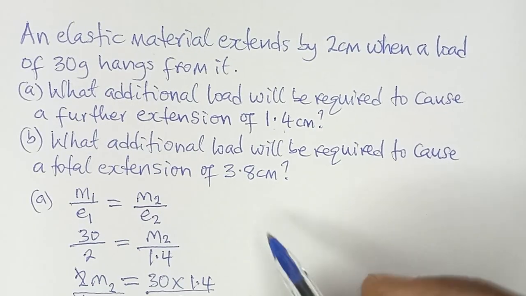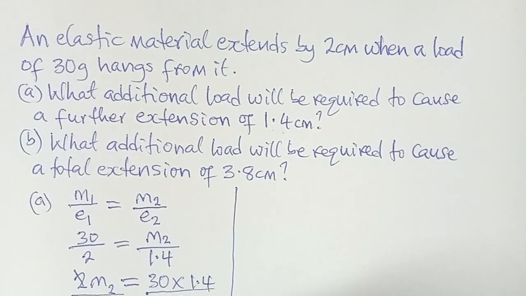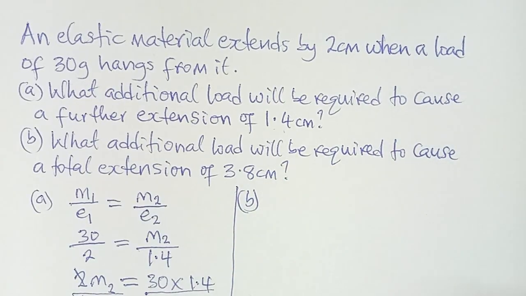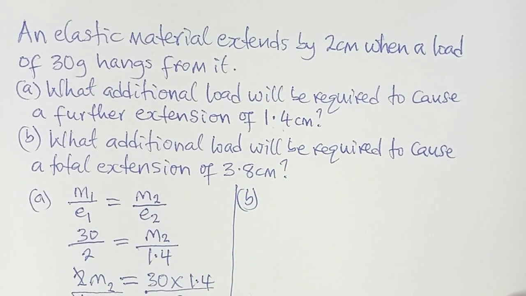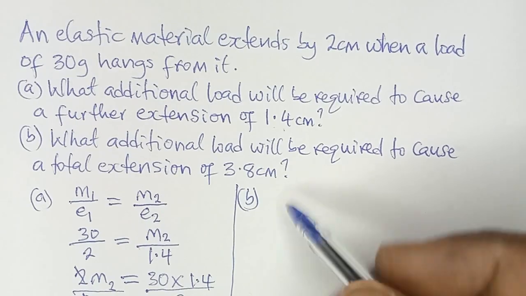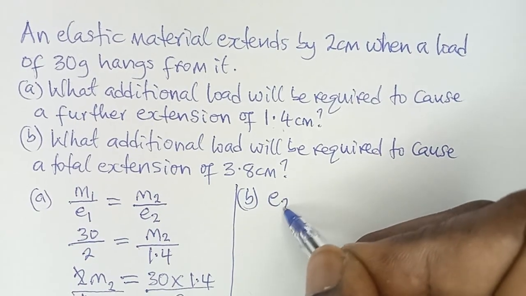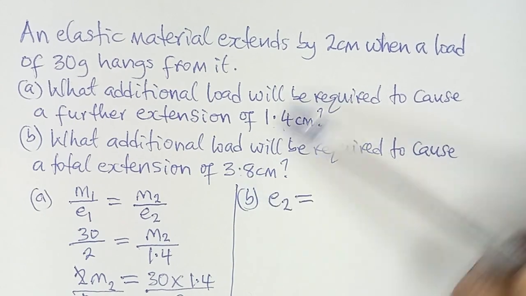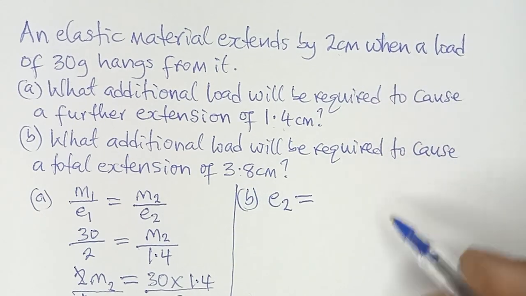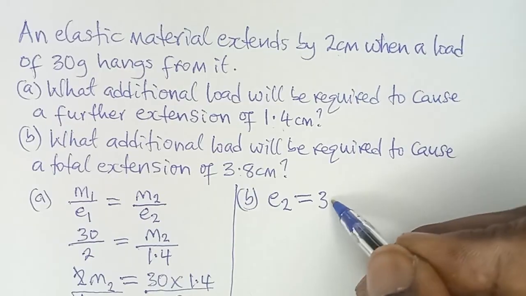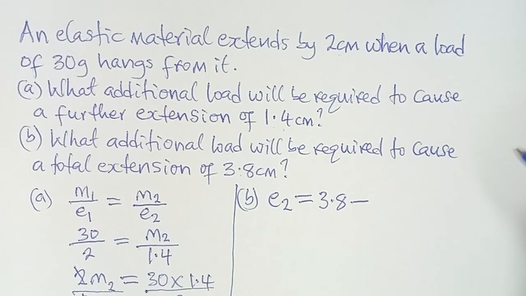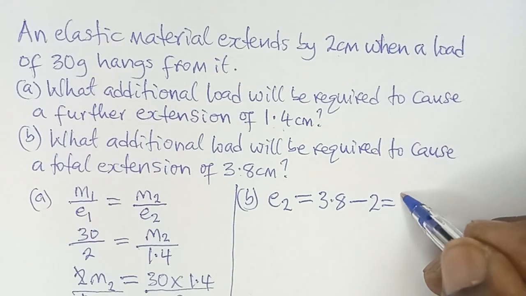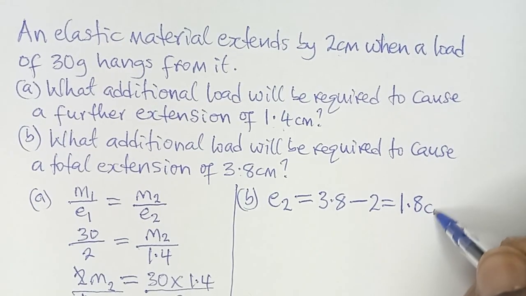So I can solve this second question now, this B part of the question. I'll solve it on this right hand side. Now, the extension E2, that is the new extension that the additional load produced, is the difference between these two, and that is 3.8 minus 2, and that will give us 1.8 centimeter.